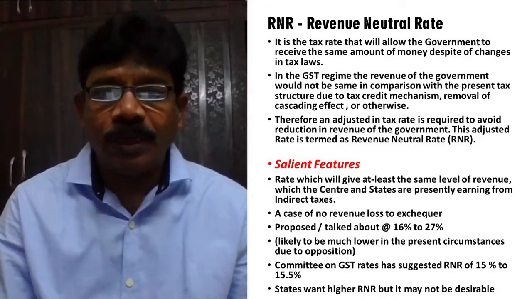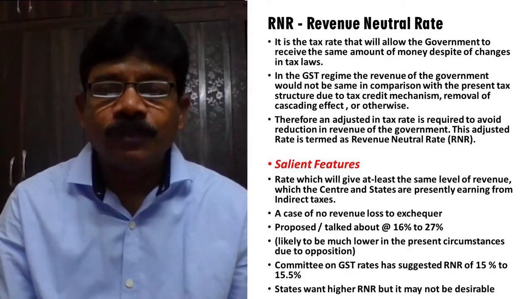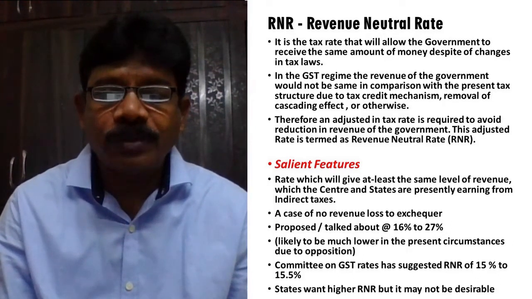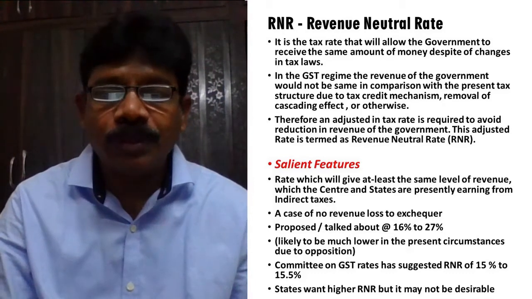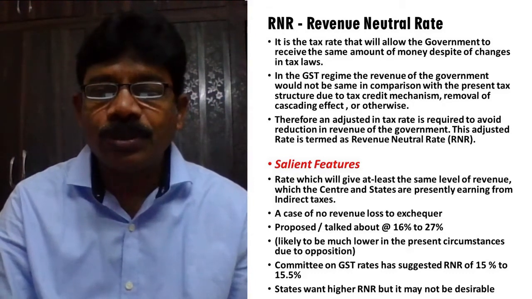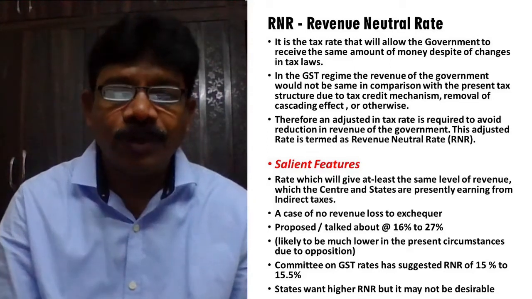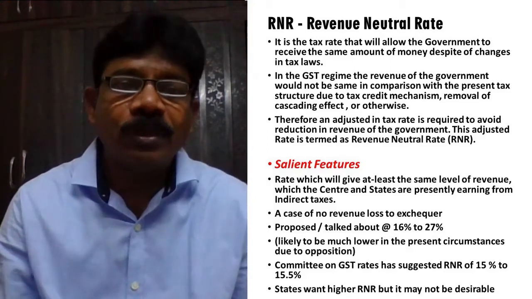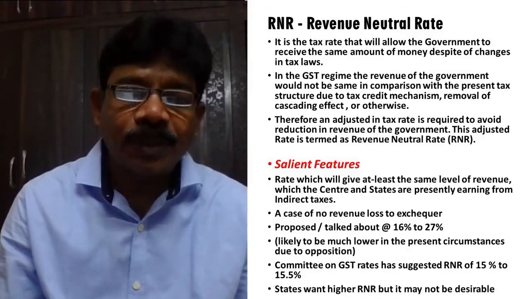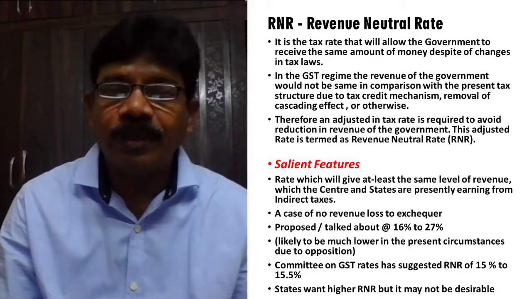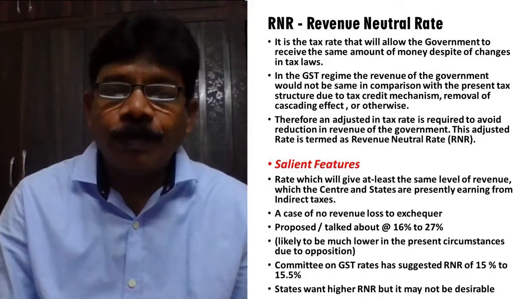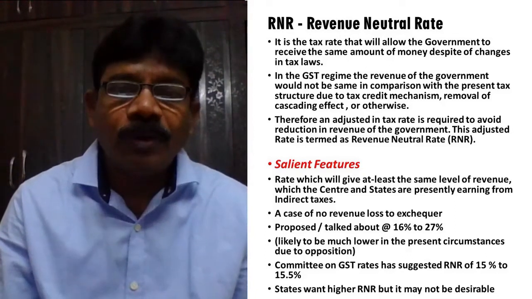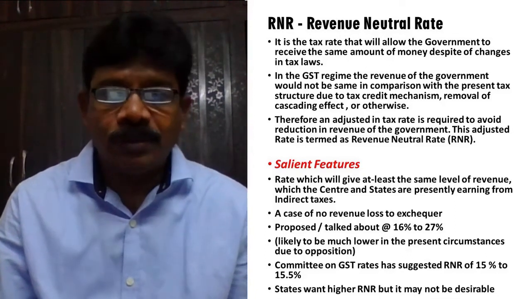which it was getting earlier. So the central government, after study, proposed 16 to 27% in between. But in the meetings of the GST Council, they came across 18%, which was also suggested by opposition parties at the time of introducing GST.